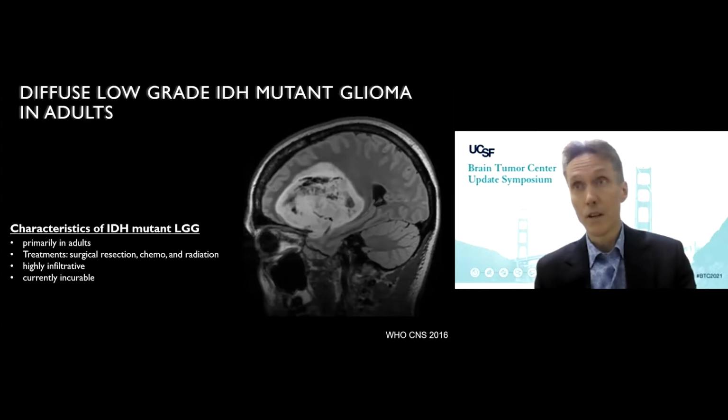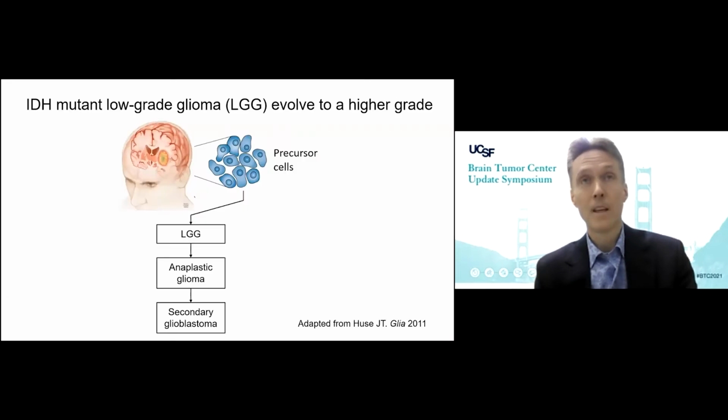Because the tumors are highly infiltrative, surgical cure is usually not possible, and the tumors will recur at some point. So we embarked on a genomic study to understand how low-grade gliomas evolve over time and how we could use that information to improve therapies.